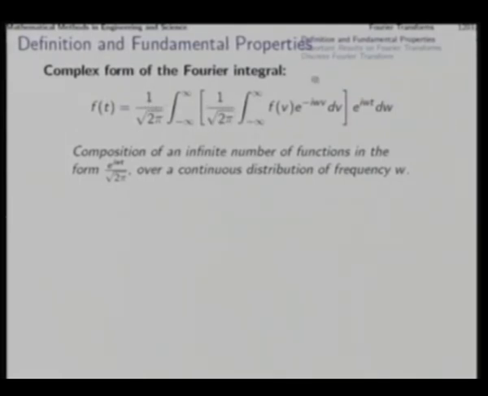Now, this can be considered as the function representation in which we are talking about a composition, that is, the sum of an infinite number of functions, which are in the form e to the power minus i w t divided by root over 2 pi, and the coefficients of this superposition turn out to be this, that is the amplitude function.